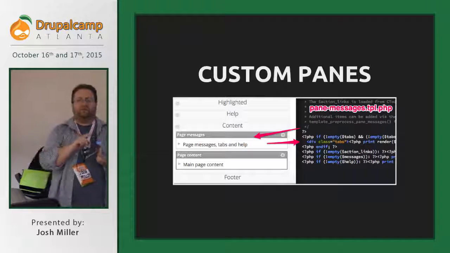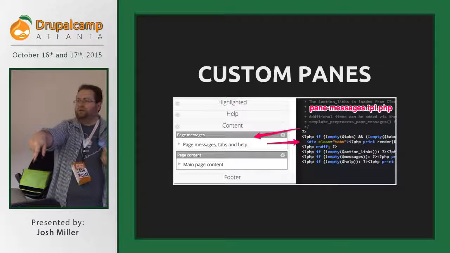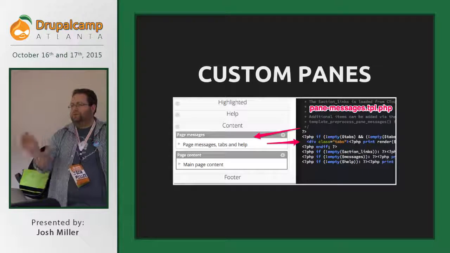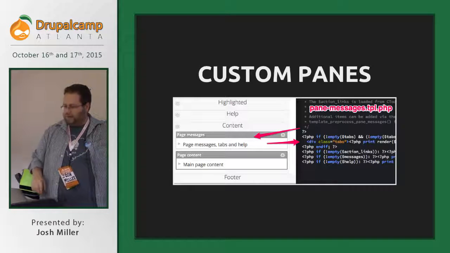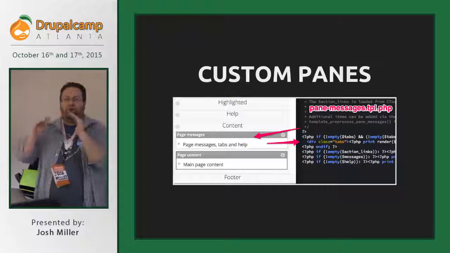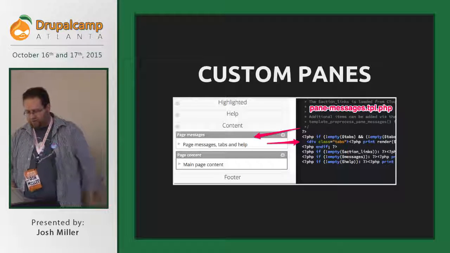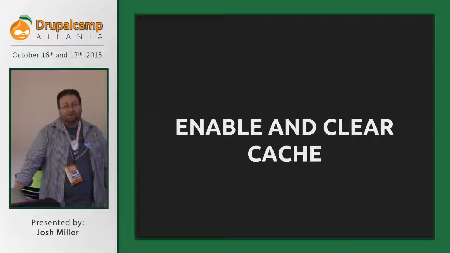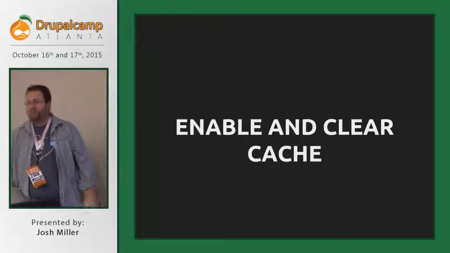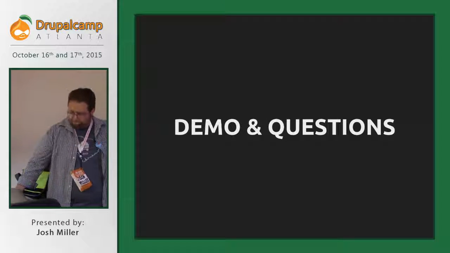And that gives you the standard, like if somebody uploads a logo to your theme, that's where the logo comes from, inside that pane dash header. Pane dash messages includes the tabs where you click view, edit, whatever. Same thing with the messages and the help and all of that. So you just enable it, drush cc all a couple times sometimes. That's necessary, and that's it.